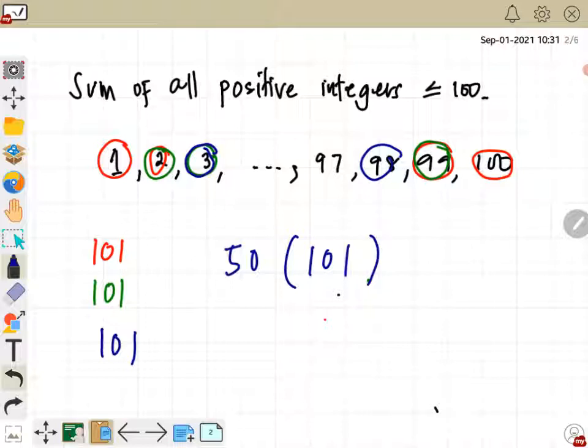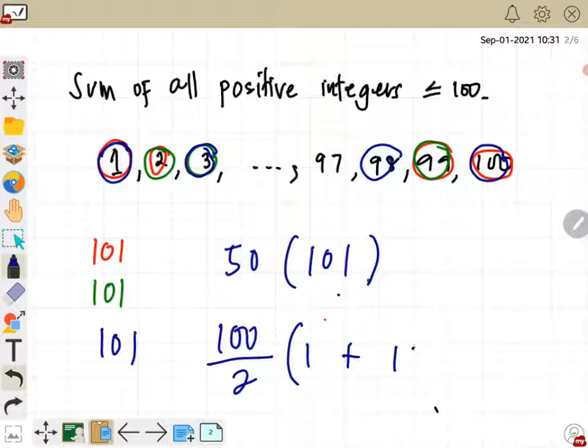So how do we get the 50? We simply say there are 100 terms. Since this is a pair, how many pairs do we get? We need to divide it by 2. Then we simply add the last and the first, so that's 1 plus 100, because that goes the same throughout the terms, 2 and 99, 3 and 98.